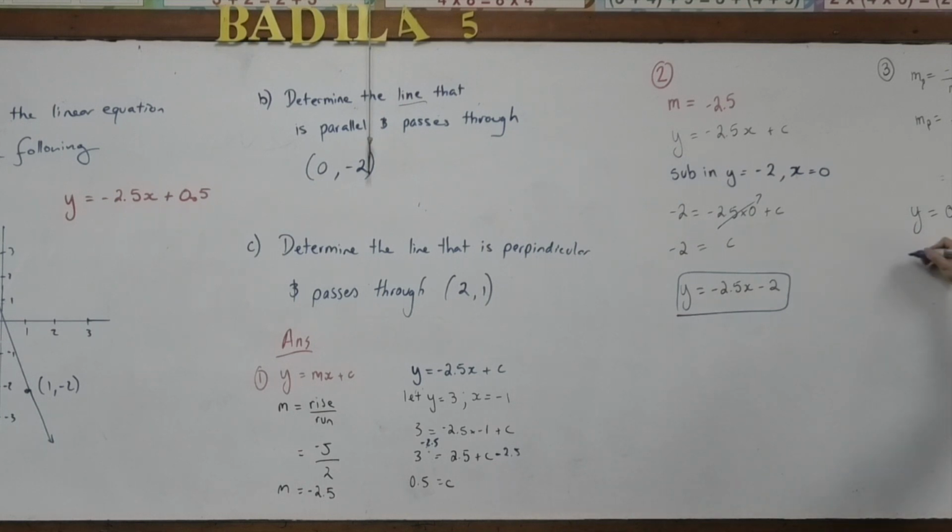Yep, I want to find c, so I let y equal, 0.4 times 2 is? So if you got this as your final answer, you are in a really good spot.